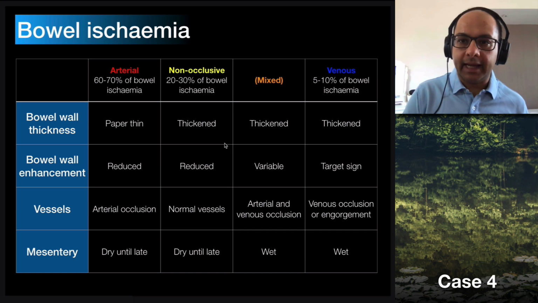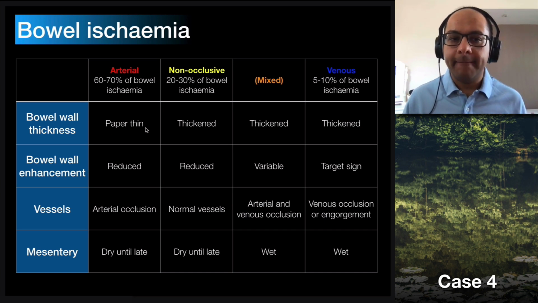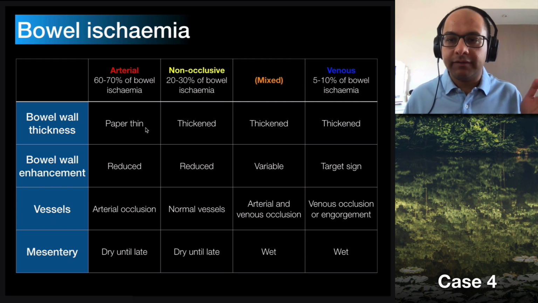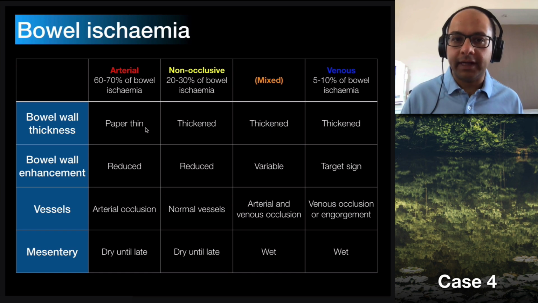So typically in arterial ischemia, the bowel wall is paper thin with reduced enhancement. But depending on the phase of the disease, you may well see some bowel wall thickening, and you may well see subtle hyperenhancement, but this is a typical finding.